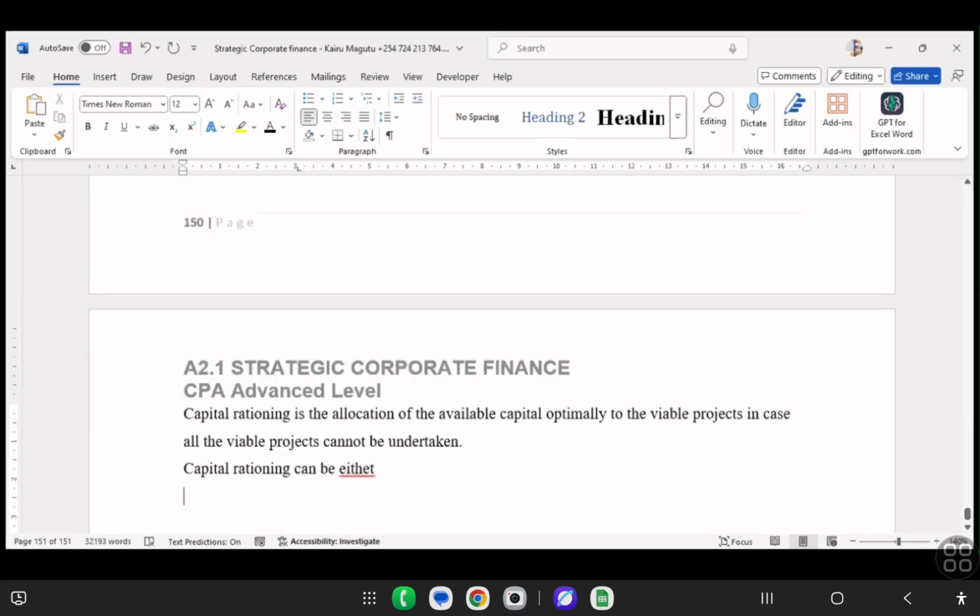How do we classify capital rationing? The classification of capital rationing can either be, number one, single period and multi-period.